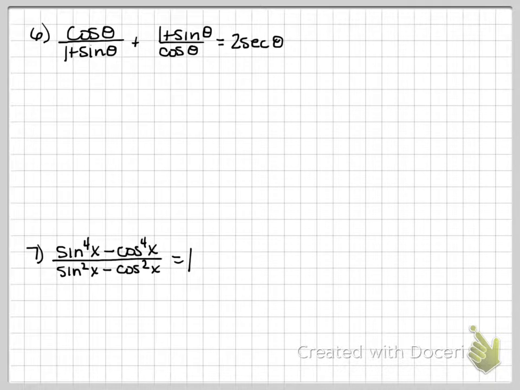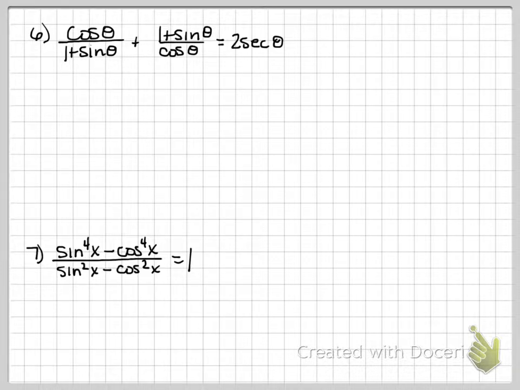Okay, so number 6, I have two parentheses: cosine theta over 1 plus sine theta plus 1 plus sine theta over cosine theta equals 2 secant theta. No squares, and it's already in sine and cosine, so I can't change anything. So let's just add the two fractions together.